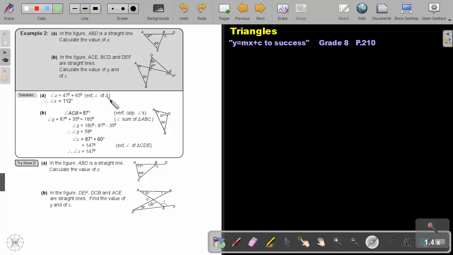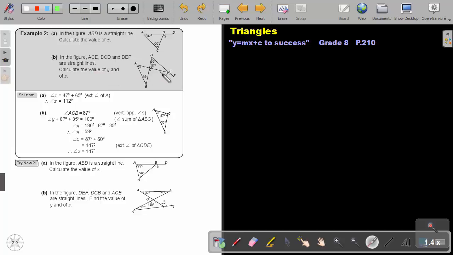Exterior angles of triangle. Now, in number B, in the figure, ACE, BCD, and DEF are straight lines. Calculate the value of y and z.